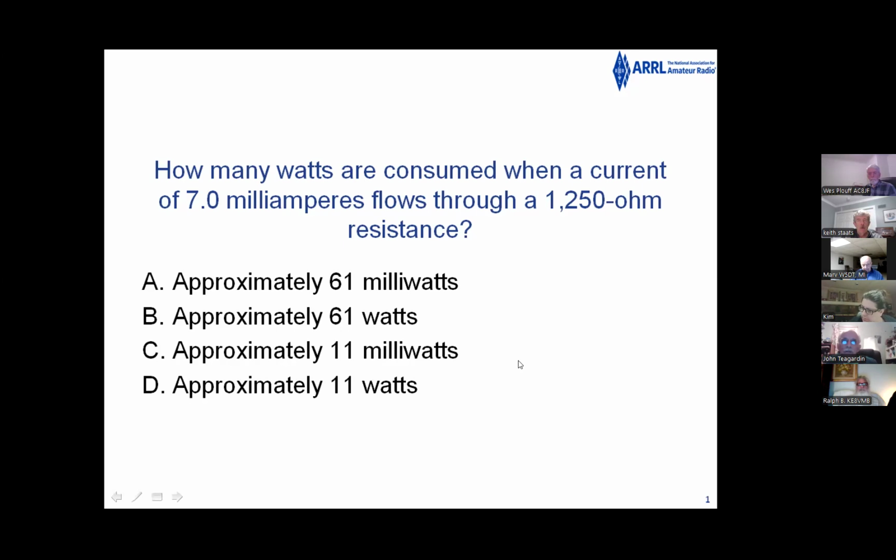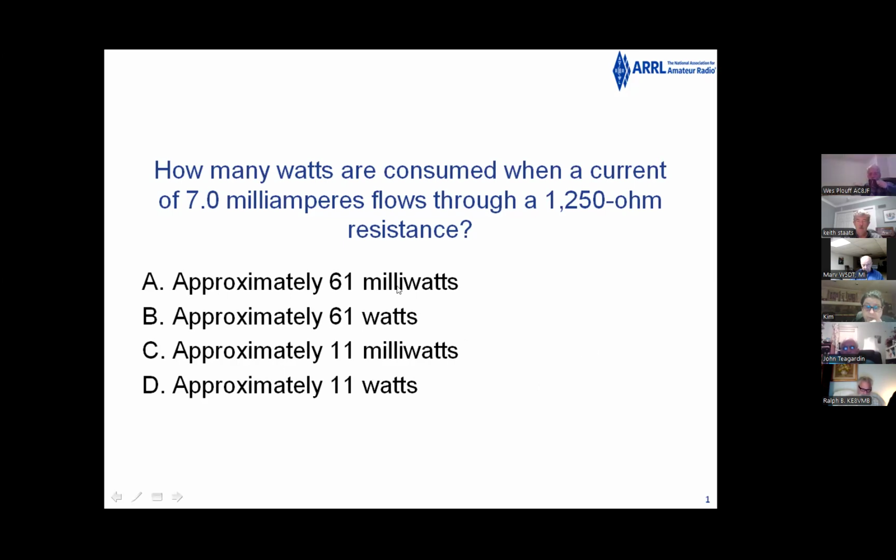I don't know if I can bring up a calculator. If you want to do it on a calculator, yeah, I was doing it on that one. It's 0.007 squared. I think I moved the decimal correctly, and when I do, I get 61.25. So that would be approximately 61 milliwatts, right?